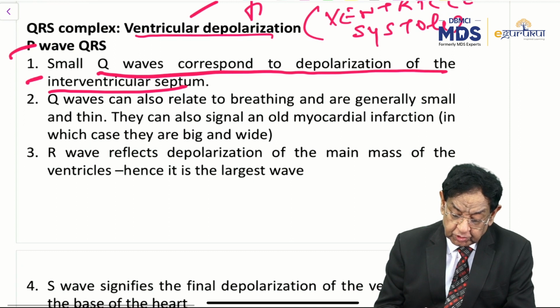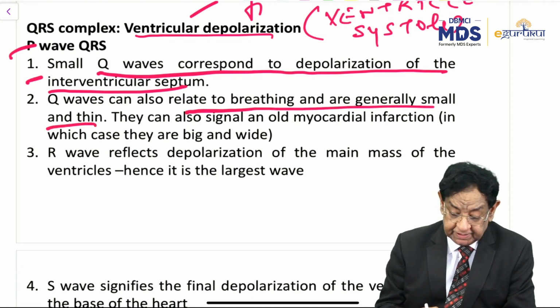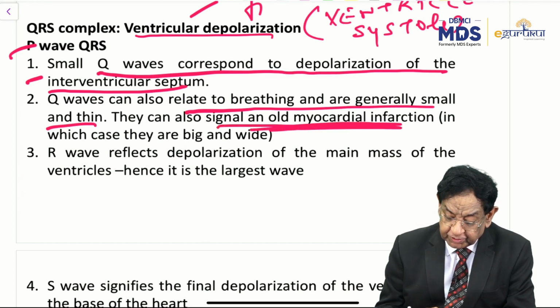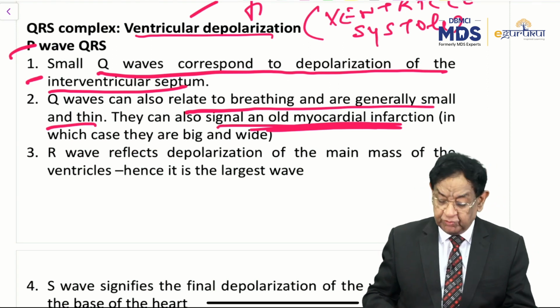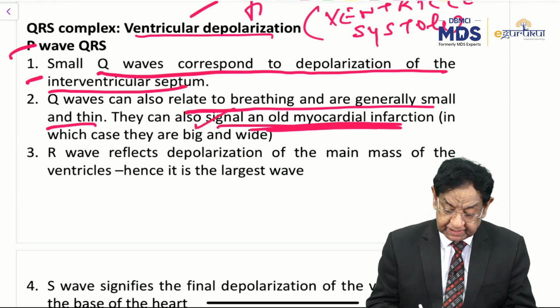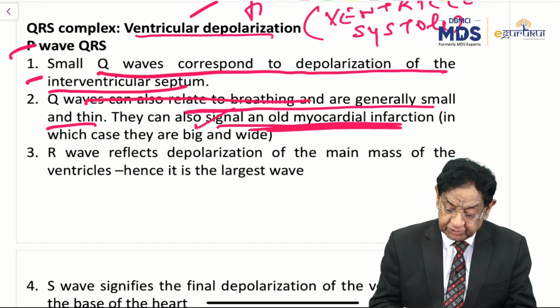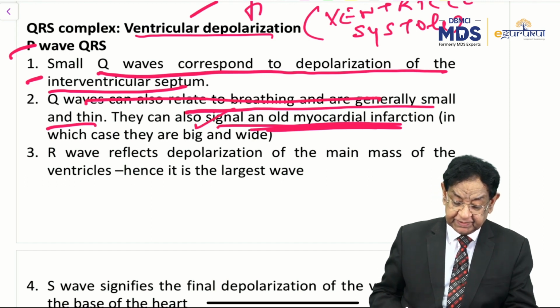Q waves are generally small and thin. They also signal an old MI. This is a very, very important question. In old myocardial infarction, a prominent Q wave is a feature. Don't forget this line. You forget other lines, I don't mind, but don't forget this line.